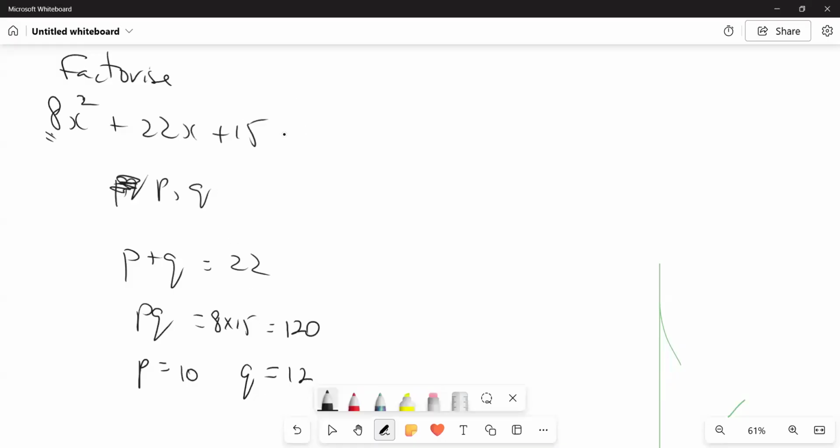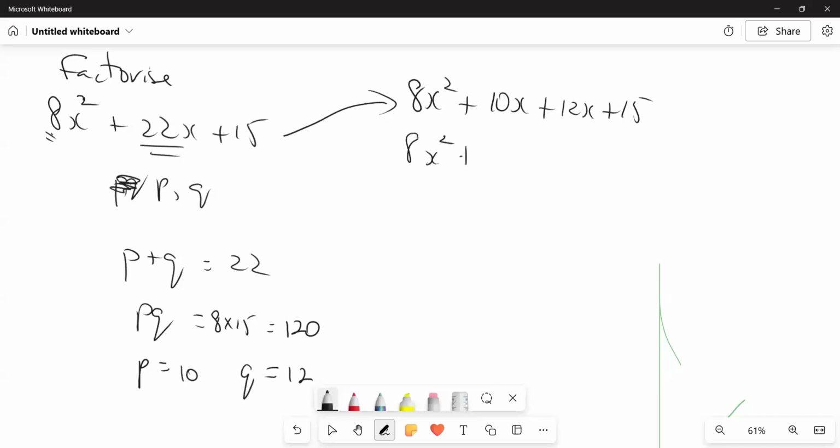So we are taking this now and writing it back as 8x squared plus 10x plus 12x plus 15, right? Now we pair them up. What's common there? 2x.